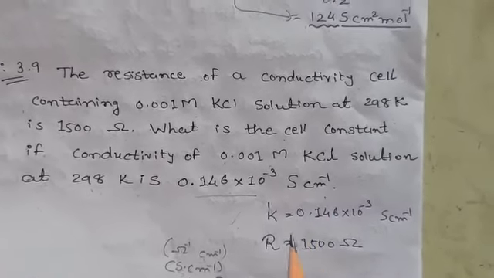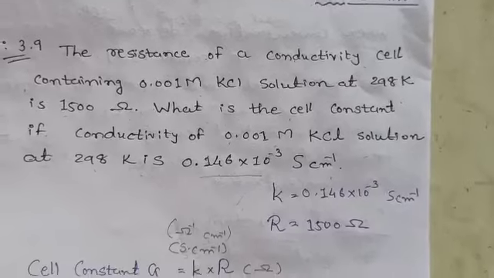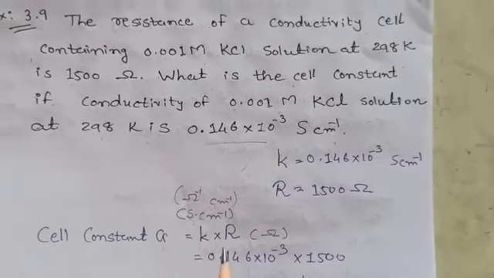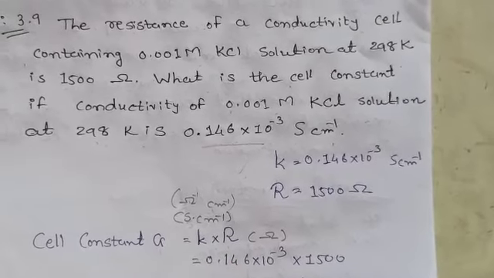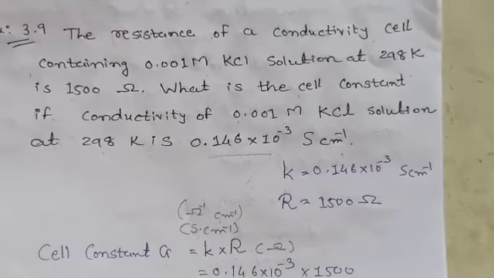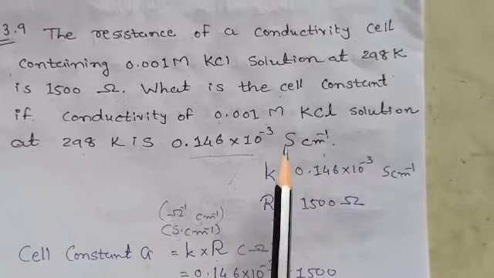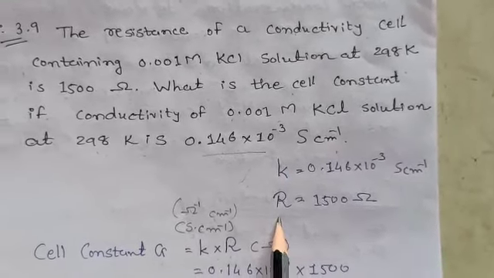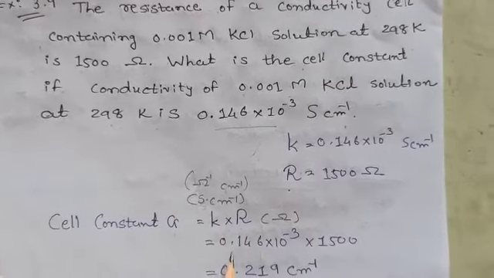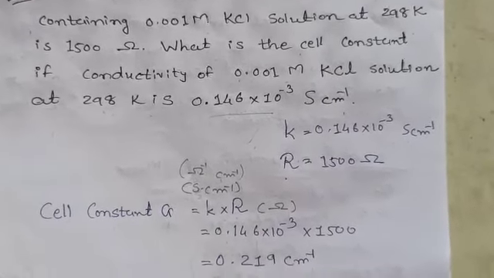Here we have to find the cell constant. Cell constant means conductivity into resistance. You study this formula in the theory. Here conductivity and resistance both are given, just replace the values and multiply them, you will get the answer.